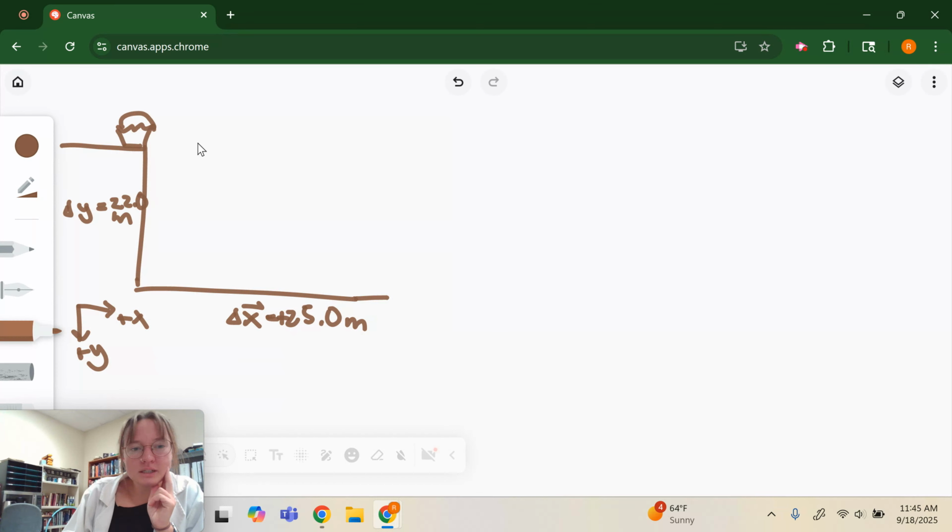And you want to know how fast you have to throw this muffin in order for it to land on the target. Do you agree that if you throw it not fast enough, it'll land here because it doesn't have enough speed in the x direction?